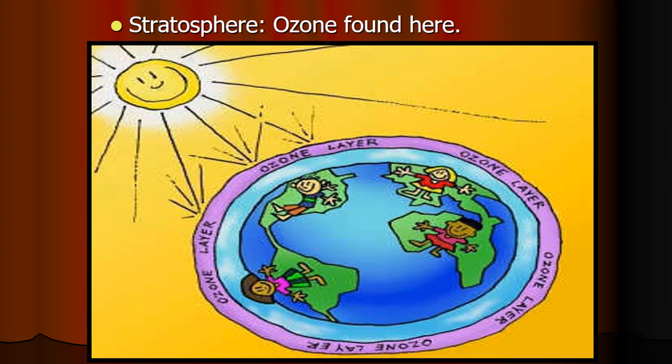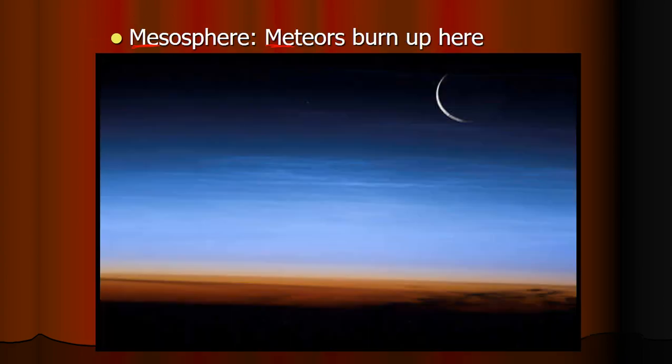The stratosphere is the next layer. The troposphere is the layer closest to the ground, and now we're working our way out. The stratosphere is where we find the ozone layer. The mesosphere is where the meteors burn up. To help you remember that, meso and meteor start with the same letters.